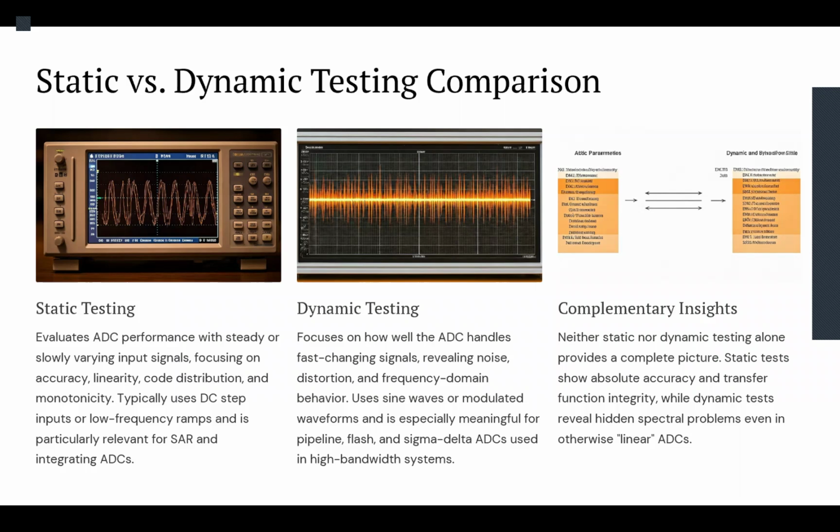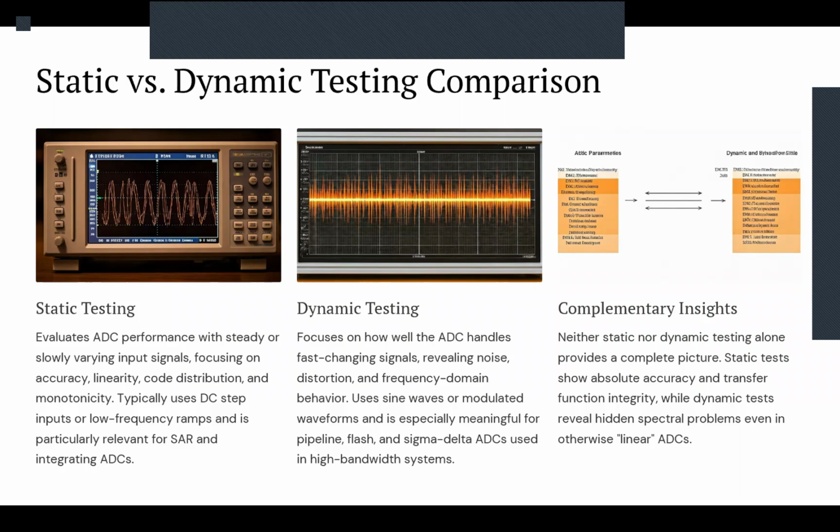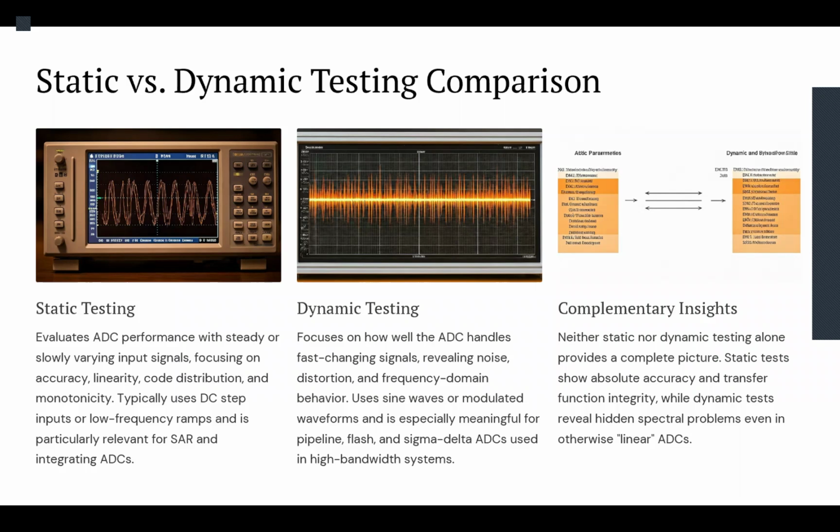The difference in methodology is significant. Static tests often use a code histogram and look at the ADC's behavior over time for slow input. Dynamic tests use spectral analysis and require large sample sets.